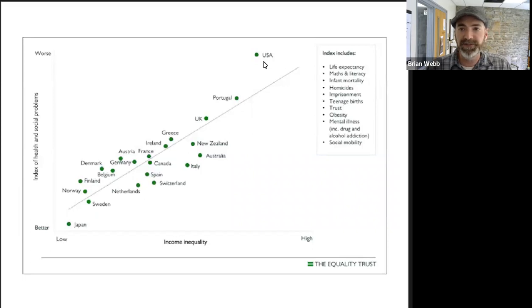So the United States, which is one of the most unequal societies in the world, probably the most unequal of all higher income societies, has very significant amounts of all of these problems compared to other countries as well. And the more equal societies, Scandinavian societies, Japan, for example, tend to have very low levels of these health and social problems. So income inequality, rather than overall income, is really a better measure of societal well-being.